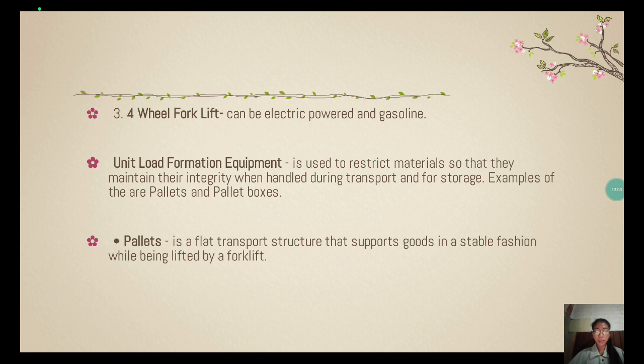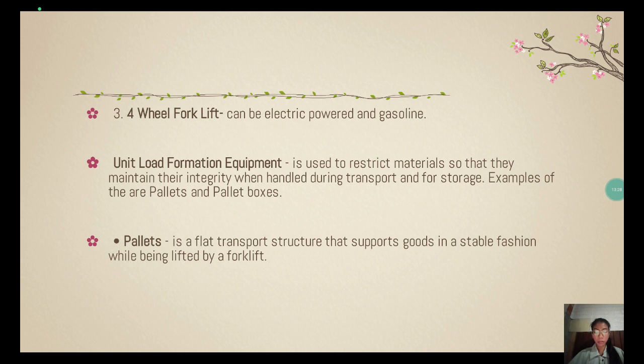If materials are self-retaining, then they can be formed into a unit load with no equipment. Examples of unit load formation equipment are pallets, skids, slip sheets, tote pans, bins or baskets, cartons, bags, and crates. Pallets.